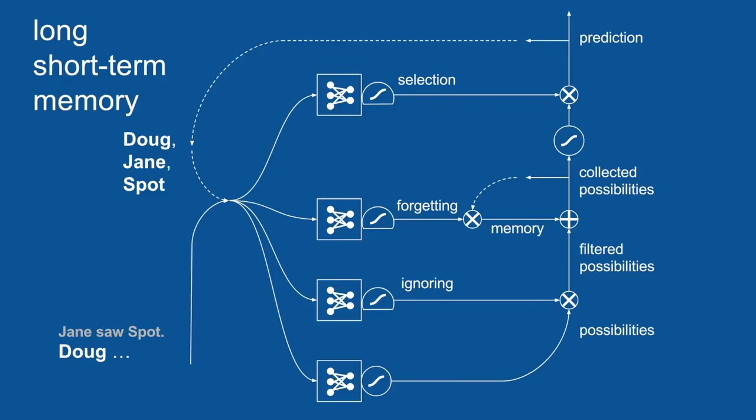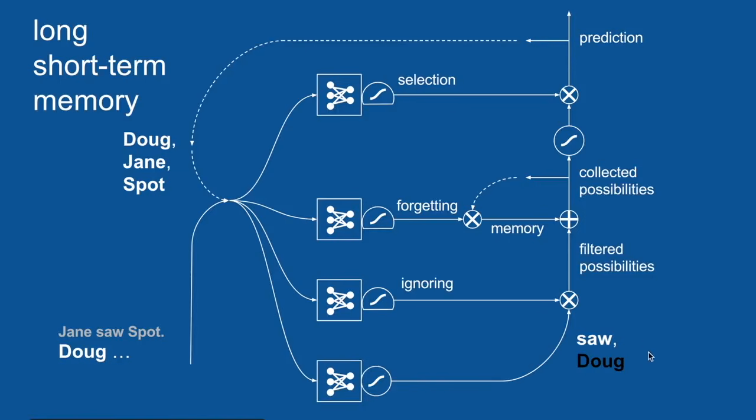The new sentence can start with any name, so these are all great predictions. So we have our new information, which is the word Doug. We have our recent prediction, which is Doug, Jane, and Spot. And we pass these two vectors together to all four of our neural networks, which are learning to make predictions, to do ignoring, to do forgetting, and to do selection.